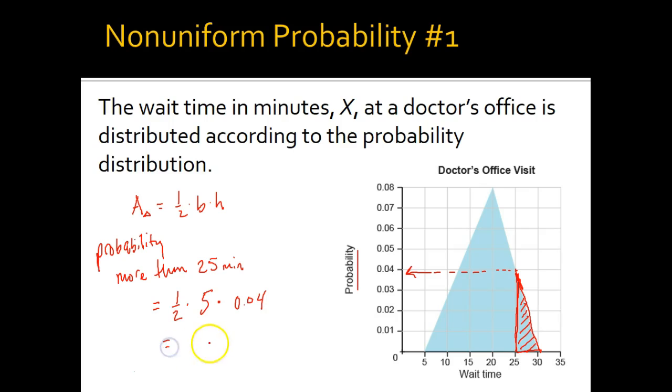And we multiply that together, and I think that comes out to be 0.1. Yeah, 0.1, which is equal to 10%. So there is a 10% chance that you're going to have to wait longer than 25 minutes at this particular doctor's office, which is pretty good.